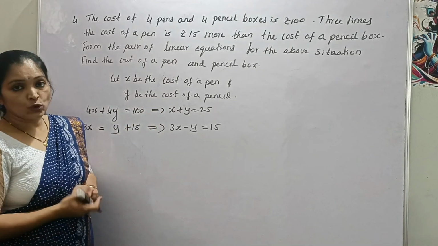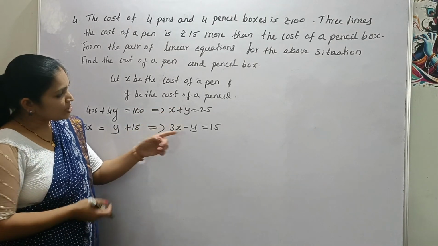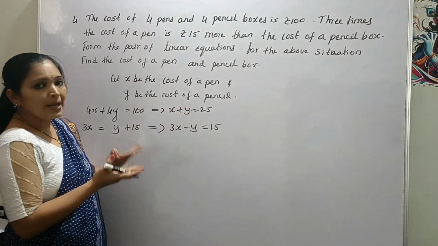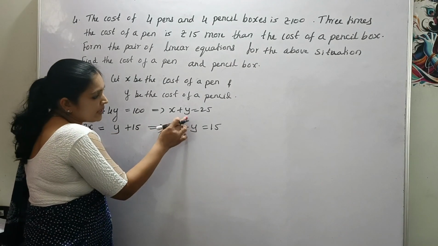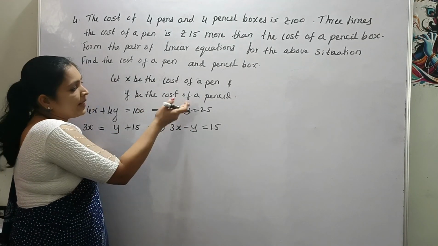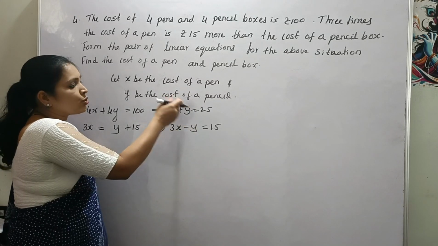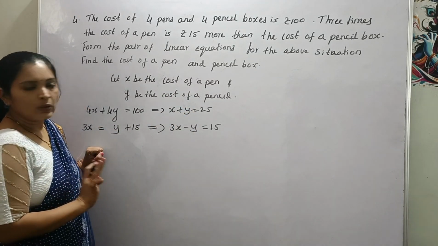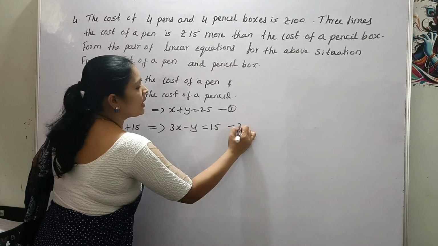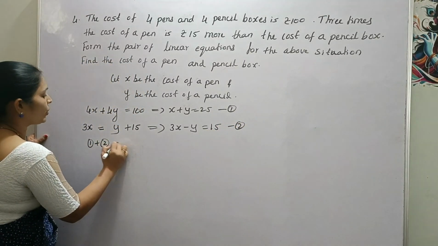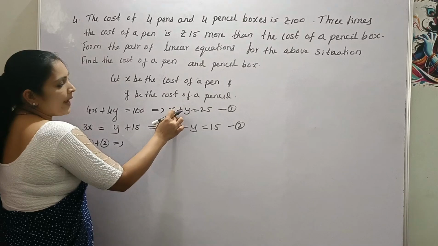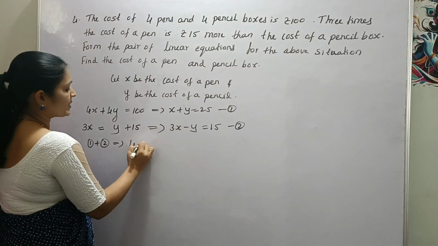Now we have to find the solution. See, look at these equations. Let's apply the elimination method. It is better to apply the elimination method because here we have y and minus y. Directly add these 2 equations so that y will be eliminated. Equation 1 plus equation 2 gives x plus 3x, 4x.